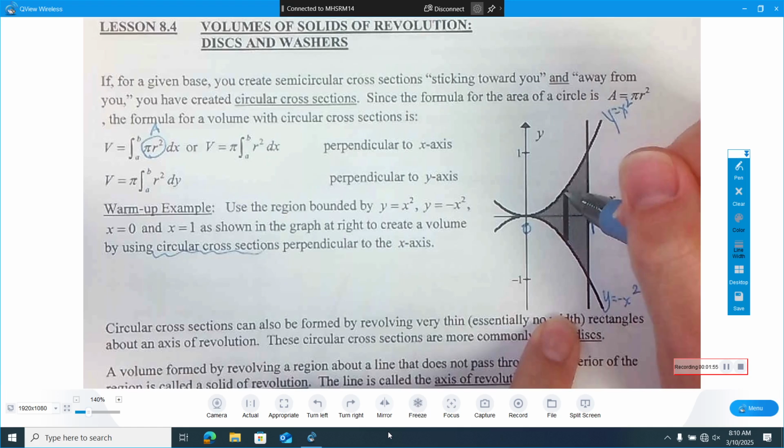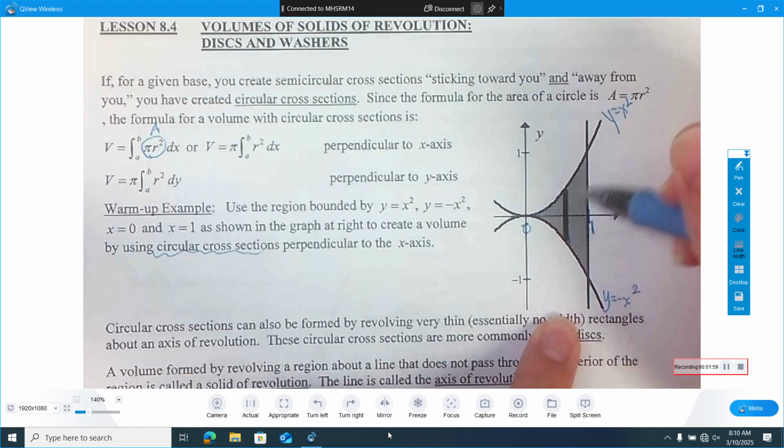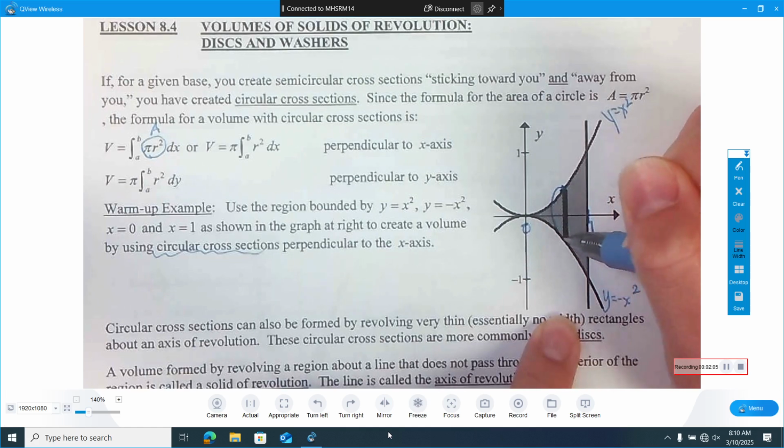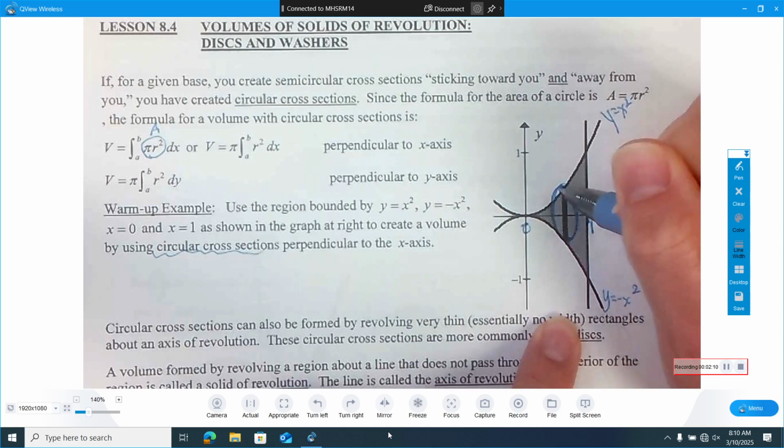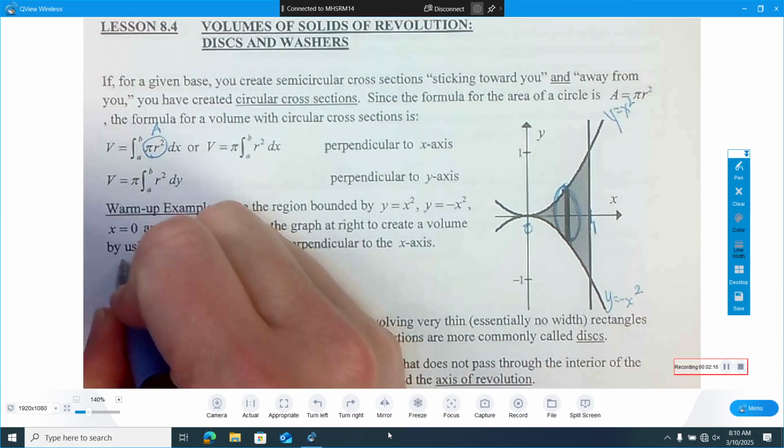Imagine this is looking down on a circle, this sort of circle shape that we want to use. We want to make a bunch of areas of circles, all stacked side by side.